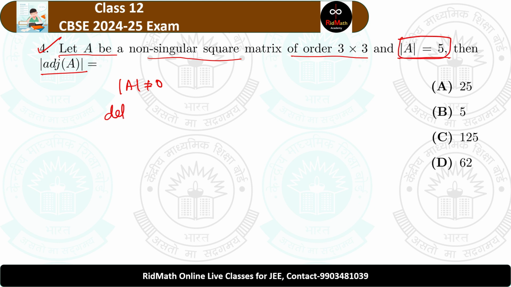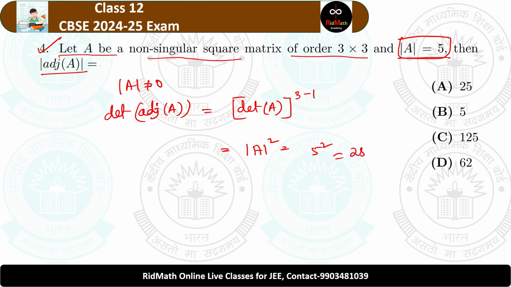So determinant of adjoint of A is equal to determinant of A whole to the power 3 minus 1, that is equal to det A whole square, that means 5 square, that is 25. So option number A is correct.